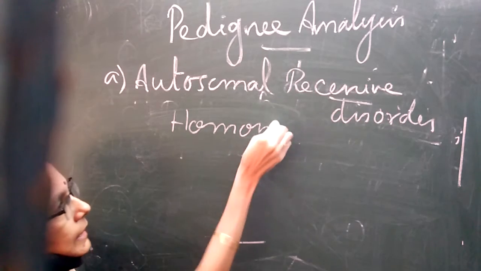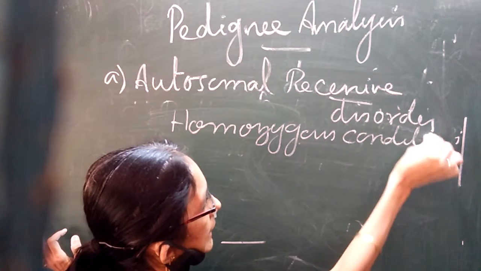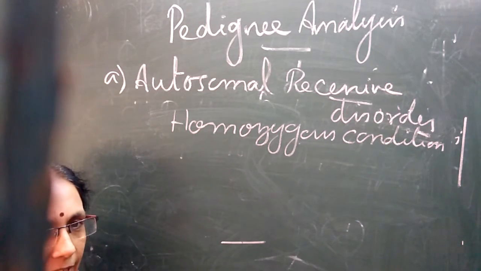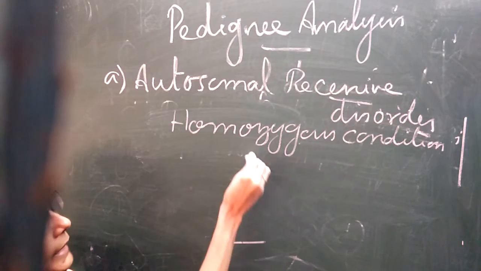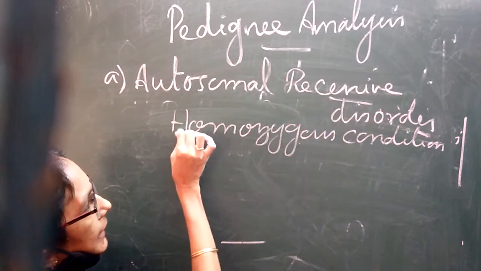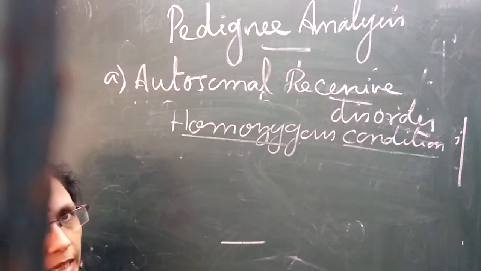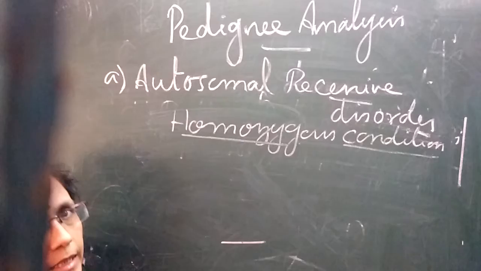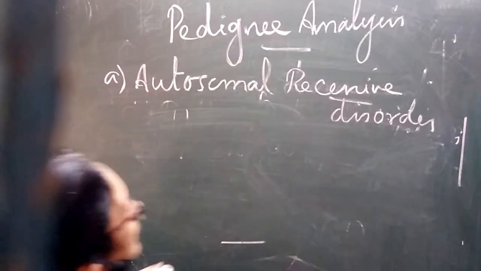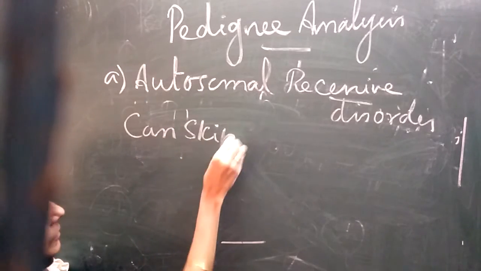It can express itself only under homozygous condition, because in presence of a dominant allele, the recessive one cannot express itself. So a recessive disorder will express under homozygous condition only. So here the first rule is it can skip over generations.